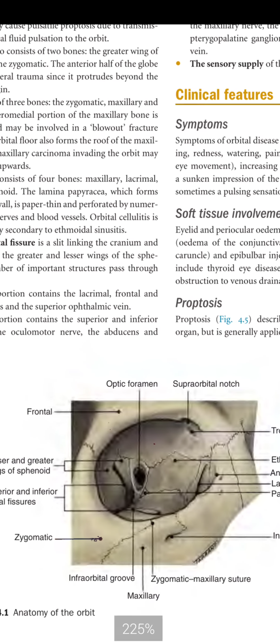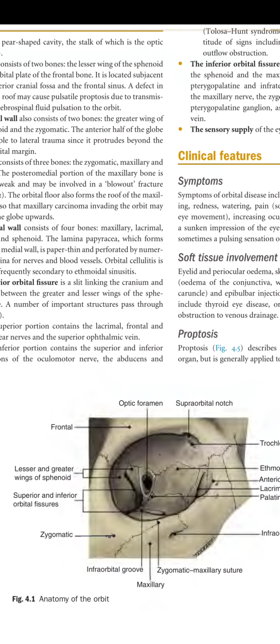So this is the anatomy of the orbit. You can see the frontal bone. The roof is made up of the frontal bone and the lesser wing of the sphenoid, whereas the lateral wall is made up of the zygomatic part and the greater wing of the sphenoid, and between them is the superior orbital fissure, basically between the greater and the lesser wing of the sphenoid, and there is an inferior orbital fissure.